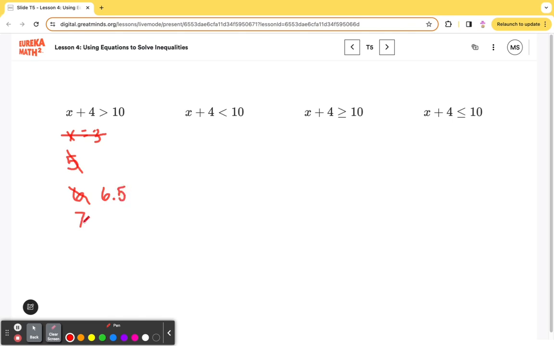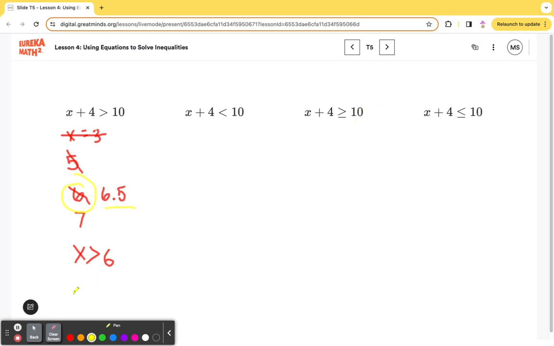So that's a solution. 7 is a solution. 8, 9, 10, right? On and on and on. So all of those numbers would be solutions. So we could say then that x has to be greater than 6. x cannot be 6. We already said 6 is not a solution, but 6.5, 6.1, 7, 8, 9, right? x is greater than 6 would be our solution.